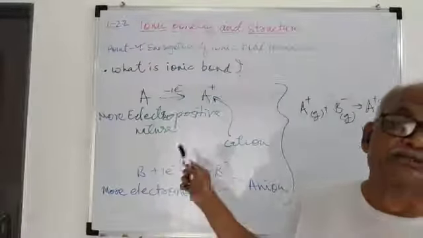The atom is initially in a neutral state and unstable, but when it is converted into A plus, it becomes stable by loss of an electron. Similarly, the atom of B, which is more electronegative, attains the nearest inert gas configuration by gain of one electron.